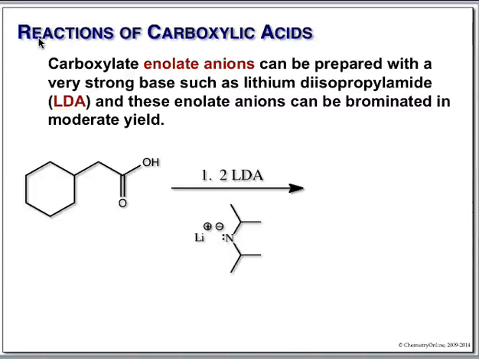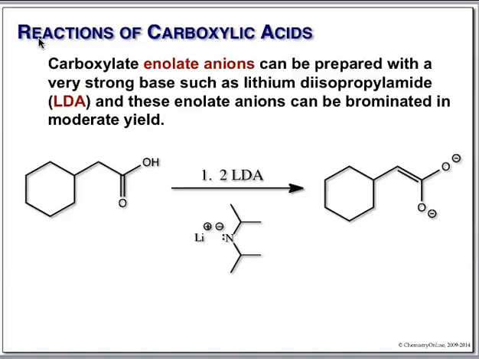Think of OH, except maybe 10 times more basic. So it's really, really basic. This guy, 1 mole of it simply takes the hydrogen off. That's it. Get the amine, no problem. But the next mole is going to react to this carbon to give the enolate anion. This guy we will use as a nucleophile.